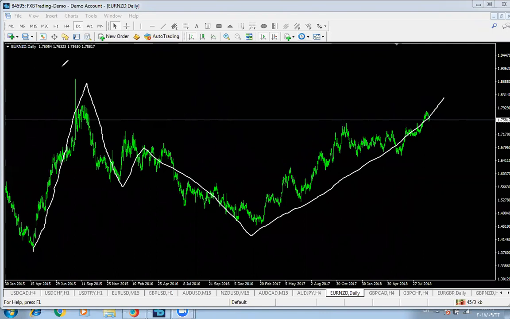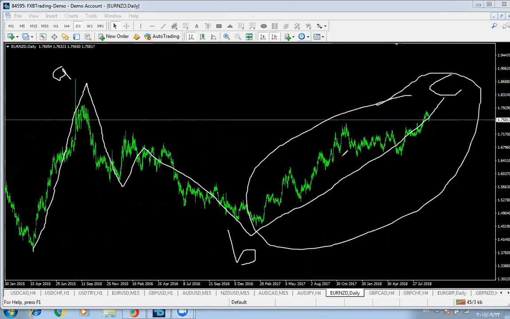This is A, this is B, and this is C. And now we are moving to this piece of correction, wave C. Wave C, our trade should be at this part.